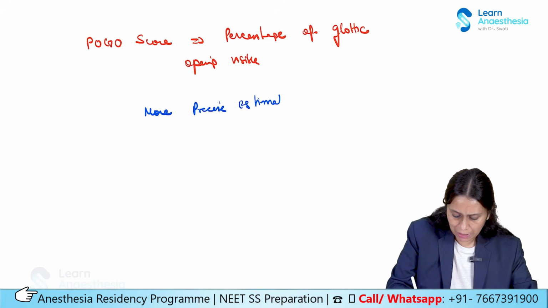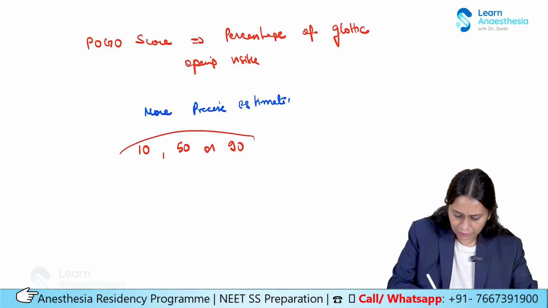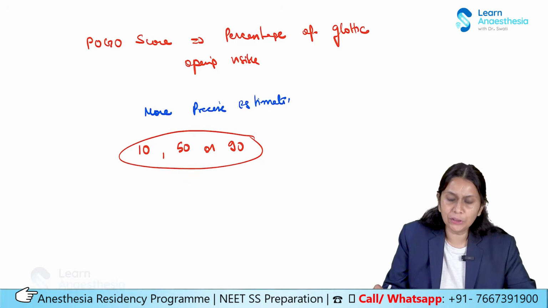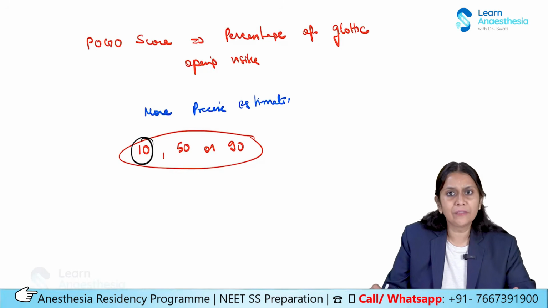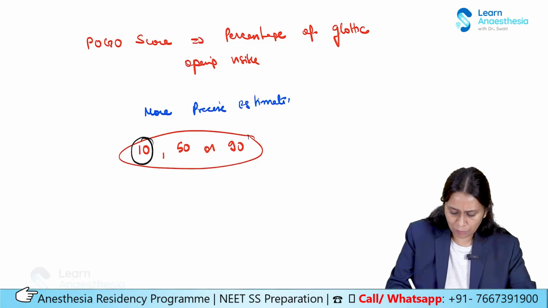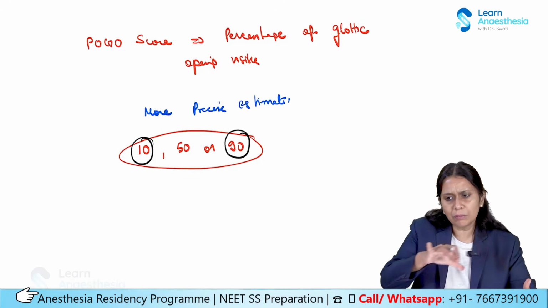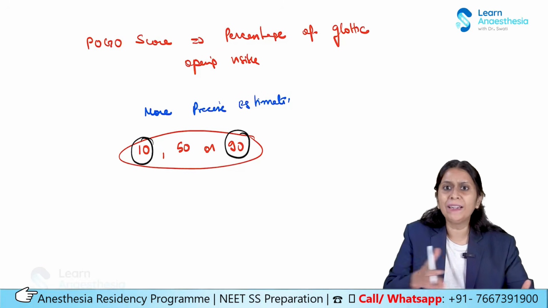So if someone has a POGO score of 10 or 50 or 90, this conveys an important difference in difficulty of intubation. If someone has a POGO score of 10, definitely difficulty would be higher. If someone has a POGO score of 90, difficulty would be much less. So it gives a gradation over a wide range.